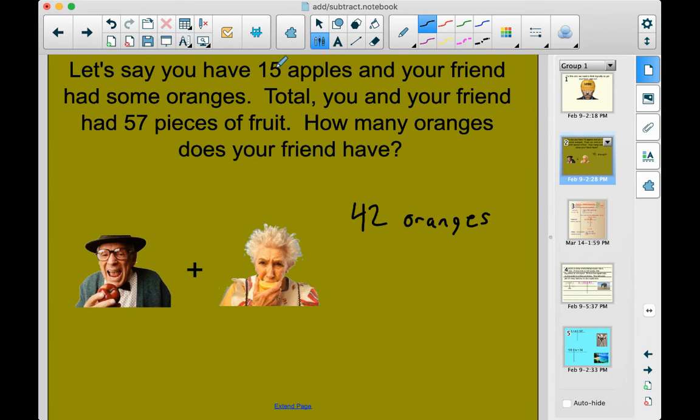If you subtract the 15 apples, what's left over is the oranges. And that could have gotten you the answer either way. So 15 plus something equals 57 might have been your approach, or 57 minus 15 equals 42. The answer is the same in both cases.